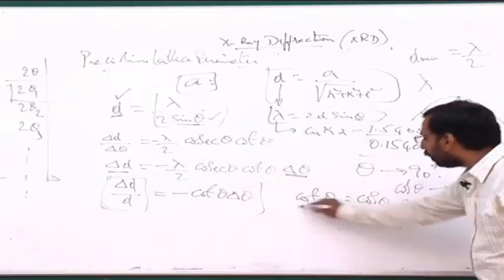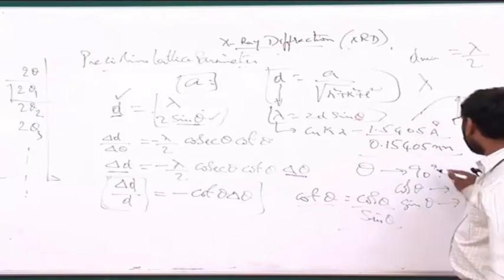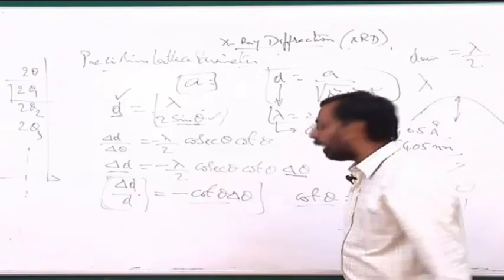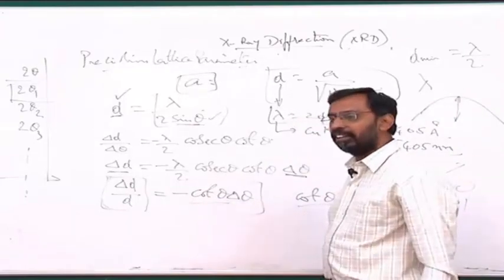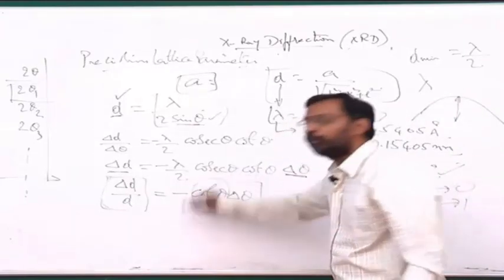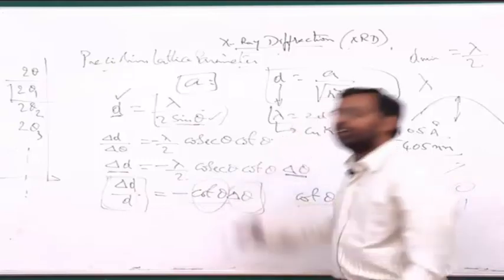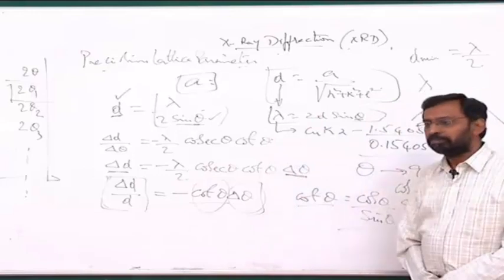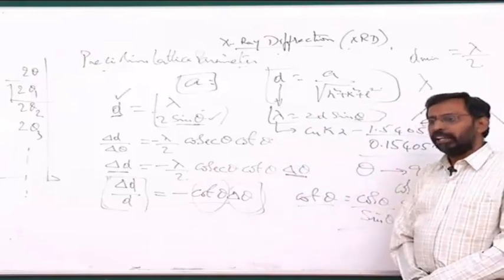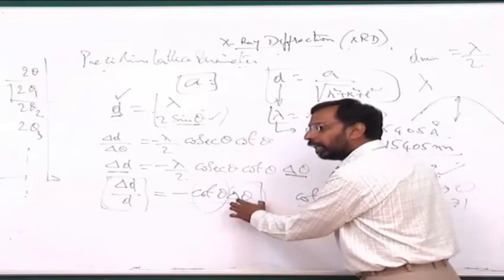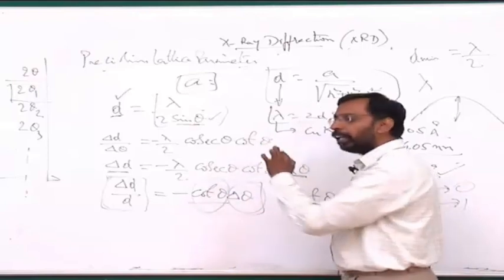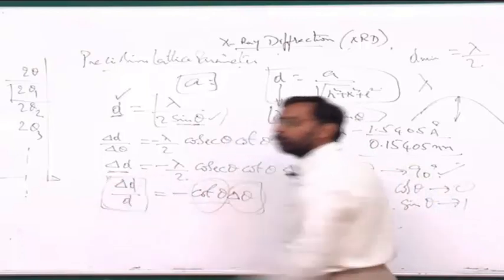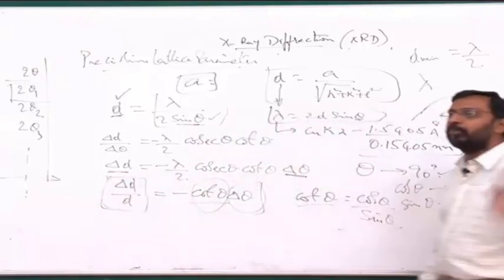That means cot theta tends to 0 as I go to 90 degrees. So at large angles, because this is 0, whatever may be the error that you have in theta, the error in D will be 0. Irrespective of the error in delta theta, at theta equal to 90 degrees, because this part is 0, this will be 0.